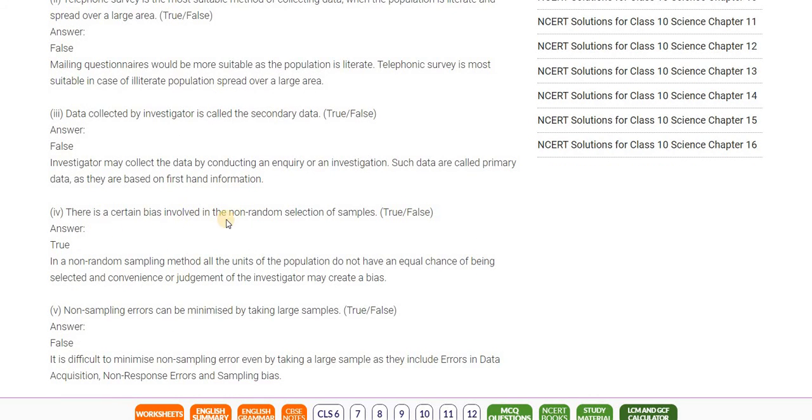Next one: there is certain bias involved in non-random selection of sample. Is it true or false? It is true. In a non-random sampling method, all the units of population do not have an equal chance to be selected. That is the reason there is certain bias involved in non-random selection of samples.